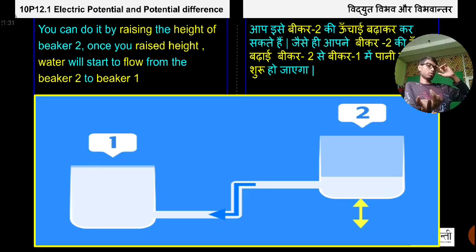What if the amount of water in both is the same, but the height is different? Then still in this case, will it flow? But how?